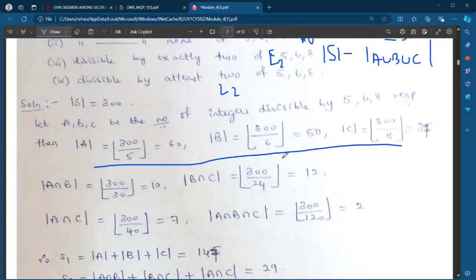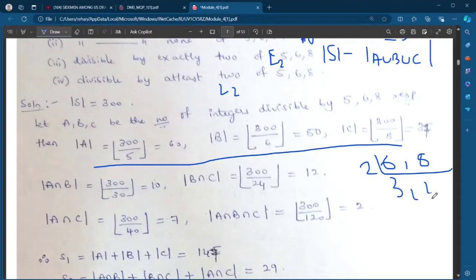B intersection C is nothing but, why have they taken 24 here? 6 into 8, it should be 6 into 8 actually. I don't know why they have taken 24 here, but it is divisible by both 6 and 8. I think they have taken the LCM.